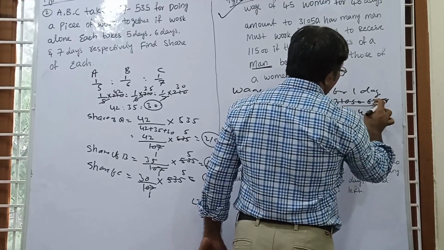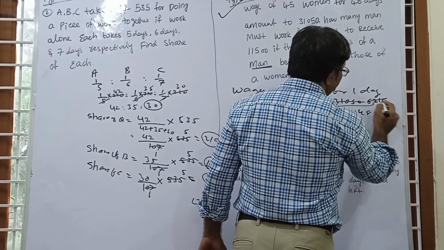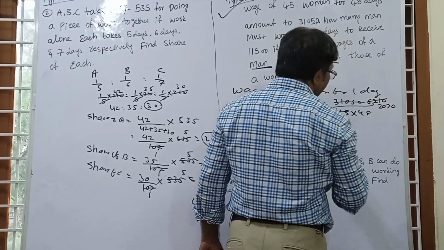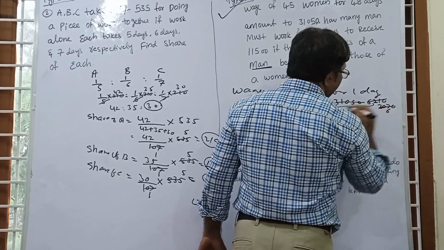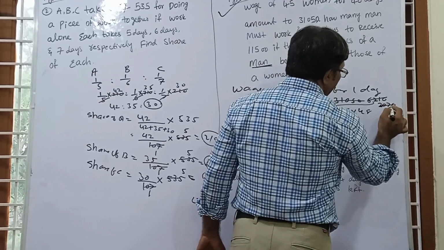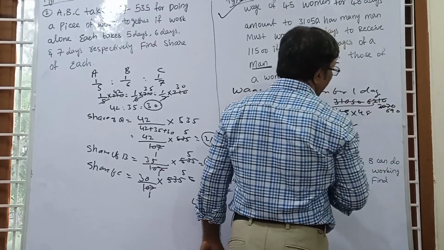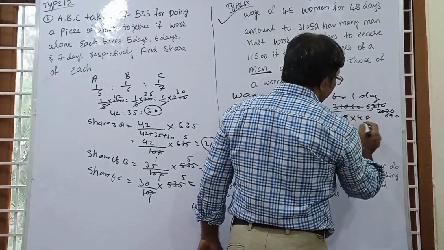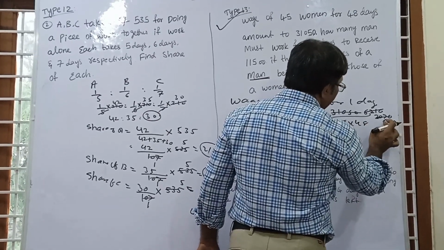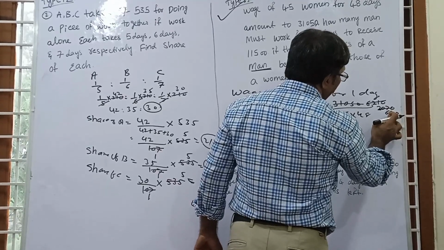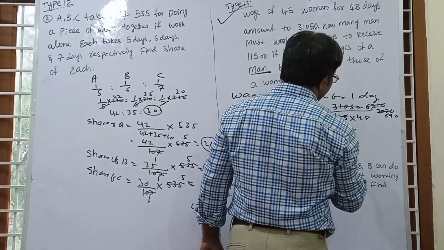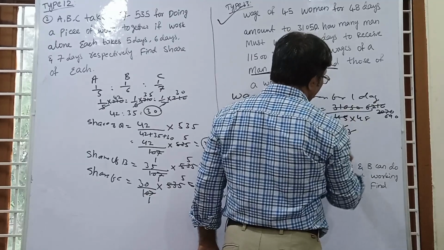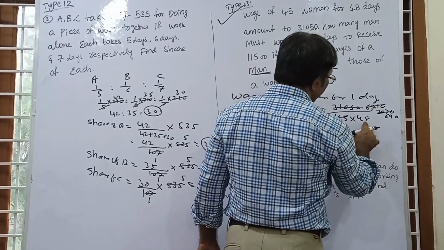This is 2, so this is less, so go for 0. 3 7s are 21. Again this is 3 6s are 18, 3 9s are 27. Okay, now this is the 48. So again you go for 4 1s are 4, this is 2, 4 7s are 28. So this is 31050 by 45 into 48.